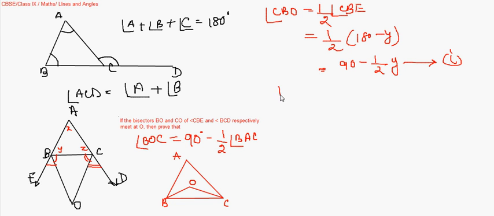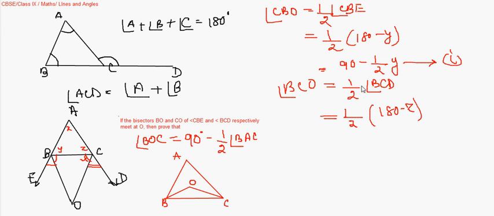So angle BCO, this angle, will similarly be equal to half of angle BCD, and BCD can be replaced as 180 minus Z, for the same reason as we had taken it as 180 minus Y. Removing the bracket will make it 90 minus half of Z.